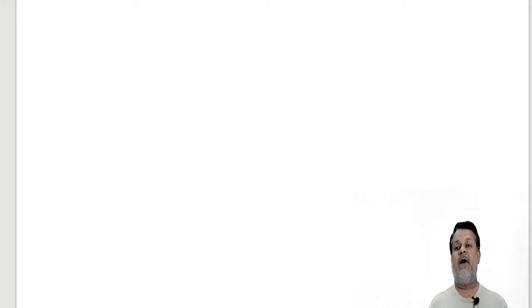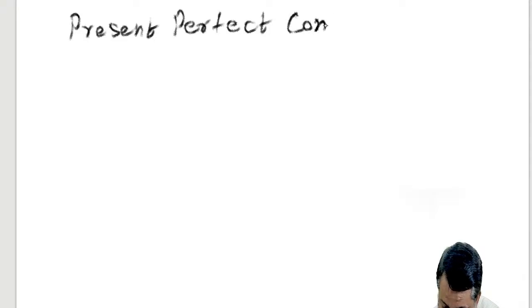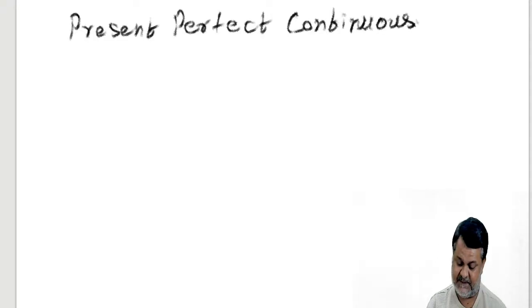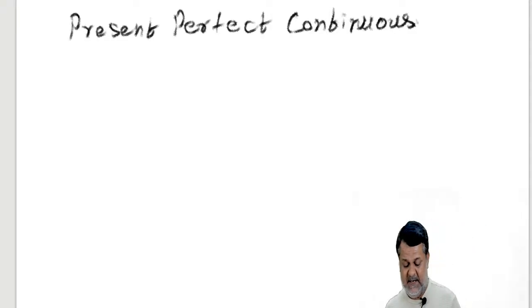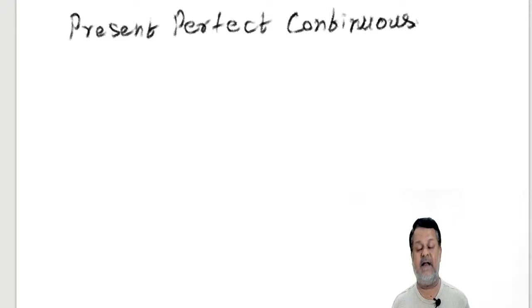Now coming to the next form, which is perfect continuous or continuous forms of this. So present perfect continuous. This will be used to indicate an activity that started in the past and is still in progress.